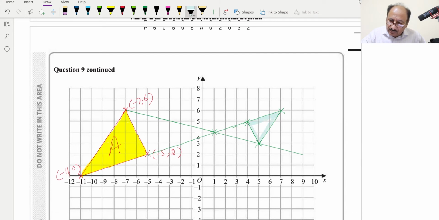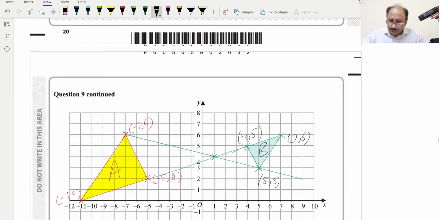This is basically the triangle which we have to label as B, so we will label it as B over here, and the coordinates also we can write 7 and 6, and this will be 5 and 3, and this will be 4 and 5, and these will be the coordinates.